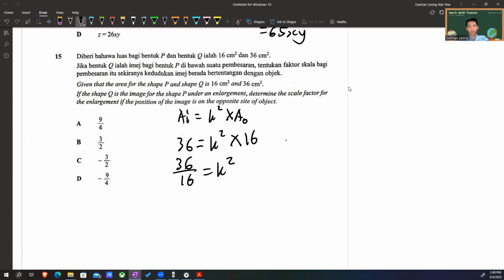If I simplify this, I can actually just bring over the square, or I can divide by 4 first. 9 over 4. Square, bring over, opposite square root. Scale factor is square root of 9 over 4, which is 3 over 2.